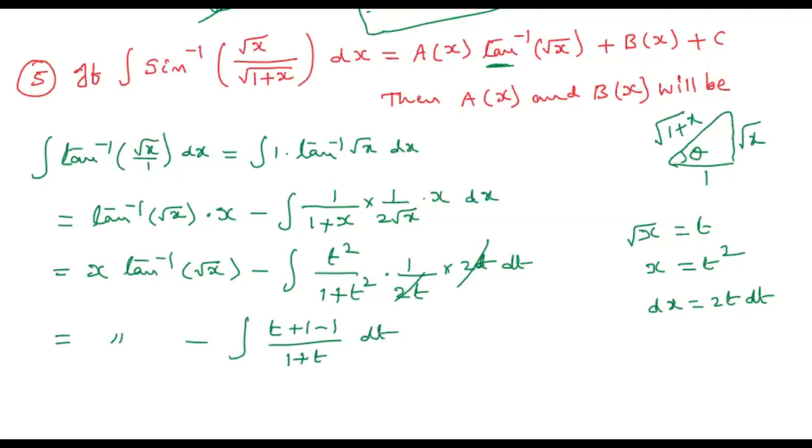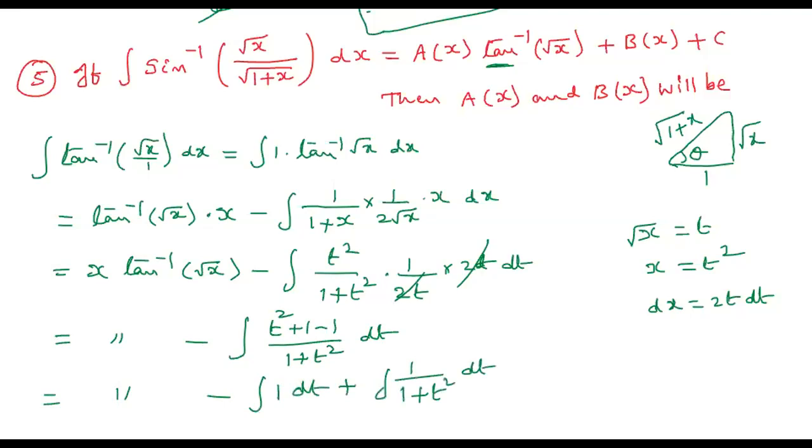Adding 1, subtracting 1. So this is continuously the same minus. So here what we get, integration of t square plus 1 by 1 plus t square means 1, minus into minus, plus integration 1 by 1 plus t square dt.